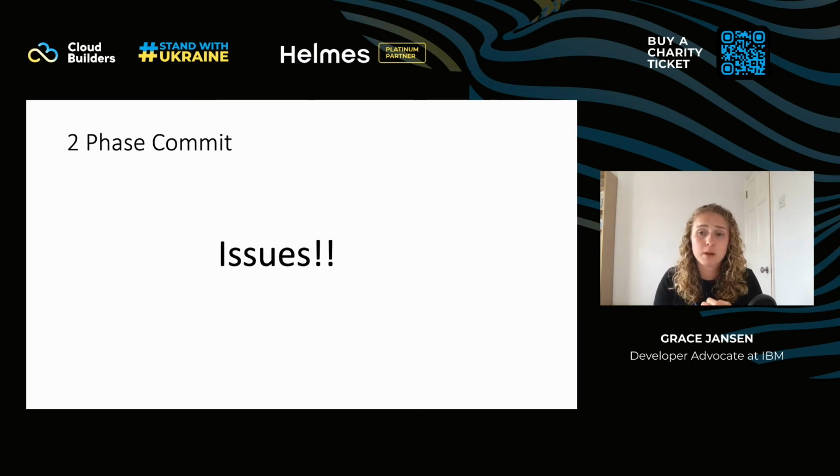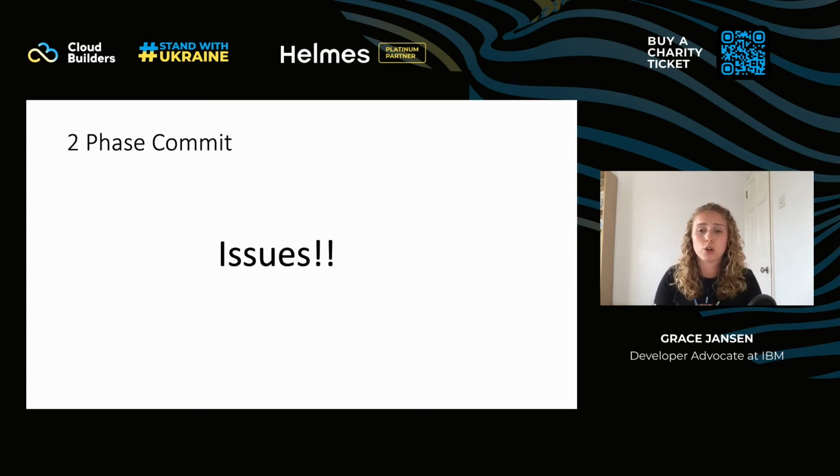The two-phase commit protocol is slow by design because you have to have so much communication going on and dependency on things like the coordinator. So it can lead to scalability and performance issues in things like microservice-based architecture, especially when you're involving multiple services.